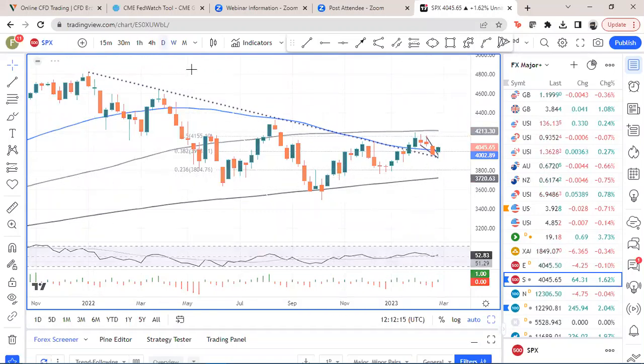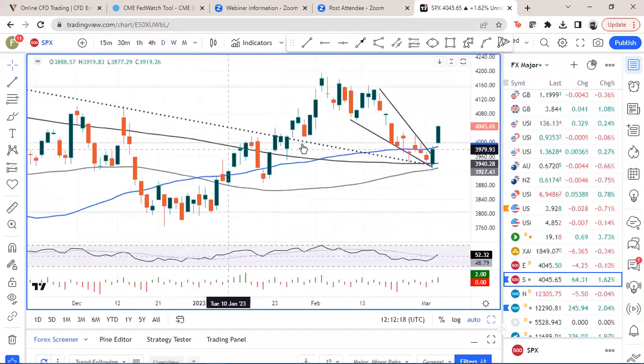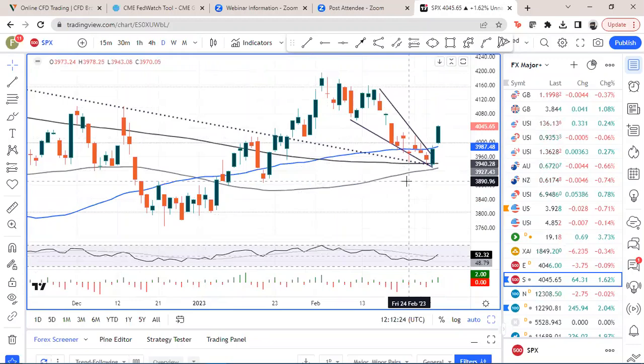And just then moving to the daily, again, that trend line support resistance, 200-day moving average, huge levels we've talked about consistently for the last few weeks, just below 4,000. So a key psychological level, of course. The 200-day moving average at 39.40, you can see we've bounced nicely off that.